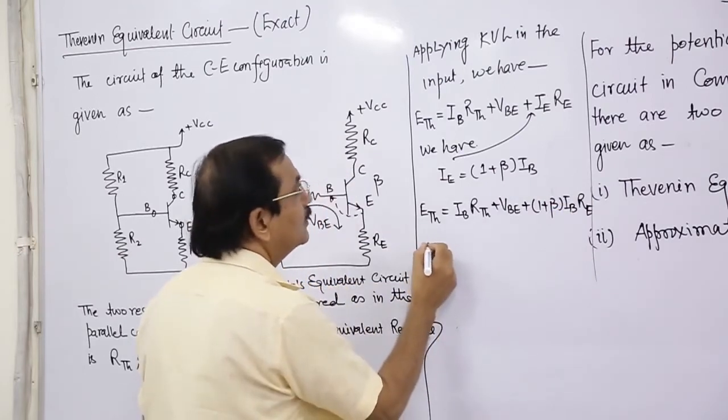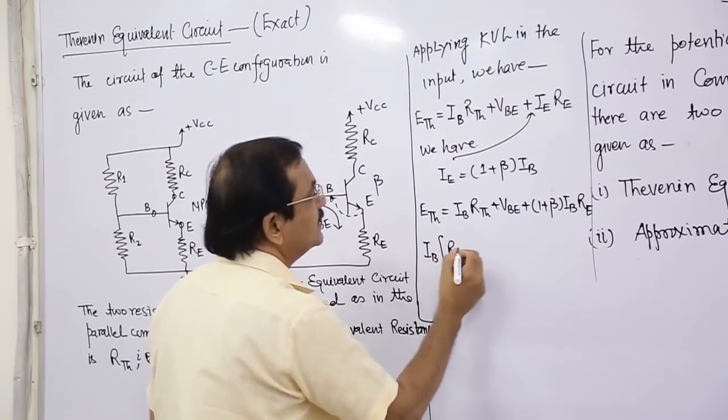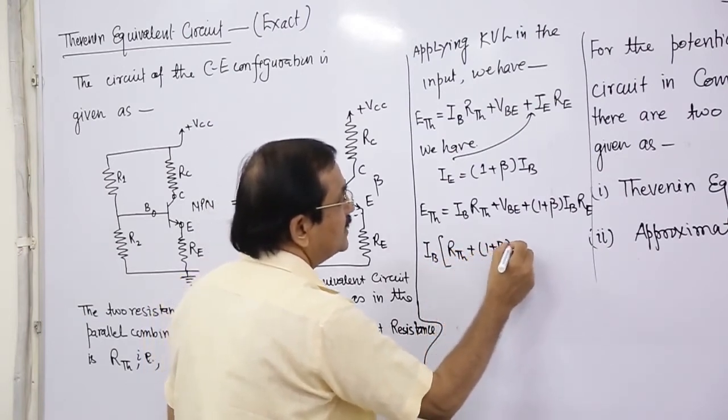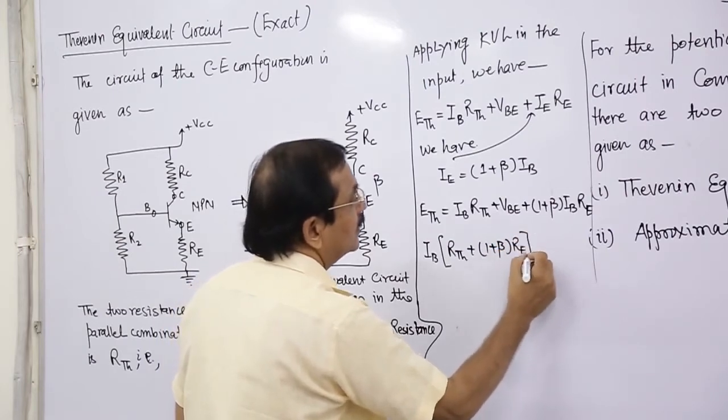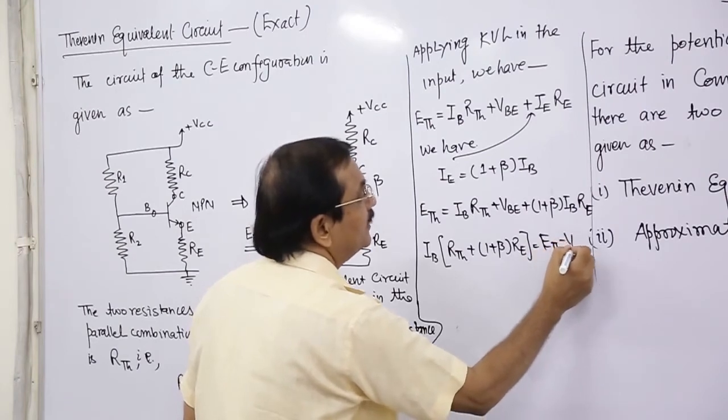So IB into RTH plus 1 plus beta RE is equal to ETH minus VBE.